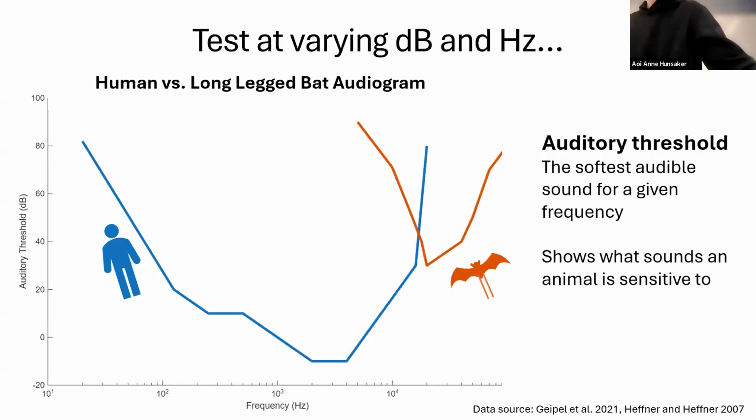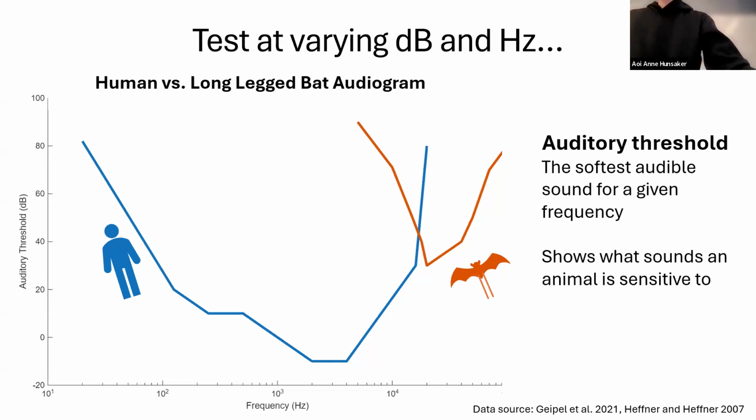And by testing the hearing sensitivity of an animal at different sound frequencies and amplitudes, we can create these curves called an audiogram, which shows the auditory threshold or the softest audible sound at a given sound frequency for this animal. So here, the audiograms of a human and a long-legged bat are plotted. And as you can see, the bat is sensitive to higher frequency sounds than humans, while there's some overlap.